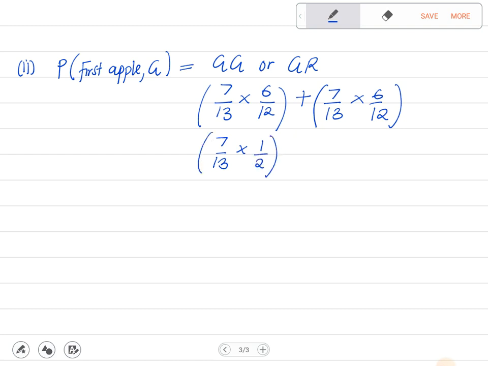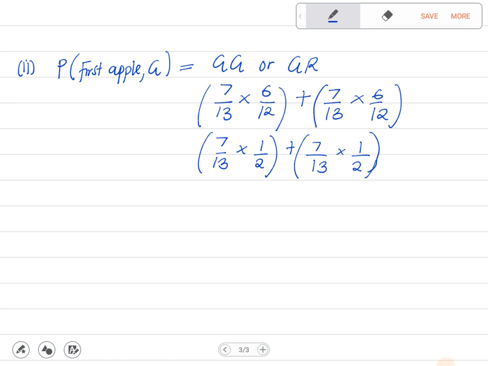Remember that what is here and what is here is just the same. So you can just work out 1, then multiply the final answer by 2, because we're adding them.